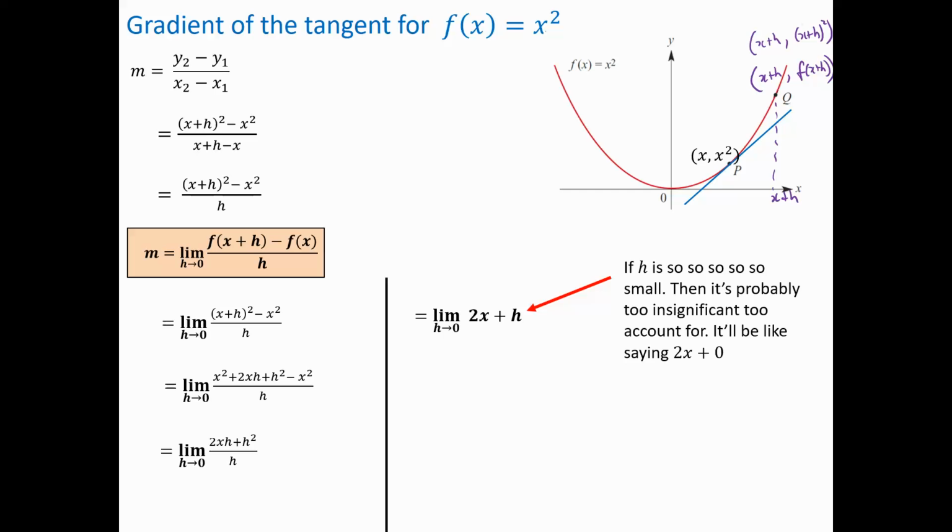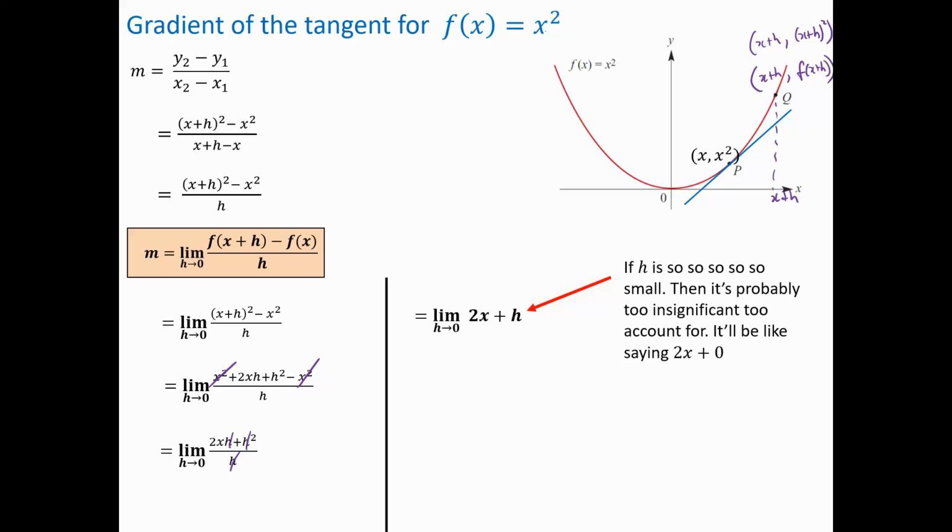All I did here was I expanded the numerator, x plus h squared, and simplified it, so you can see x squared minus x squared cancels out. Down here, x squared minus x squared. I've got the h's, I divide them all by h, and I get 2x plus h.